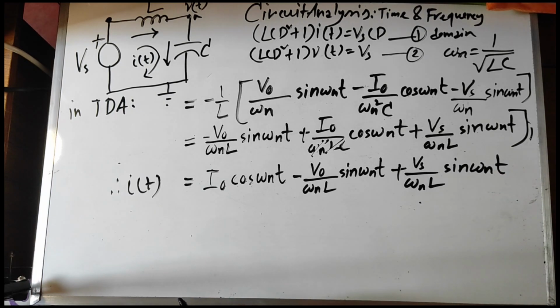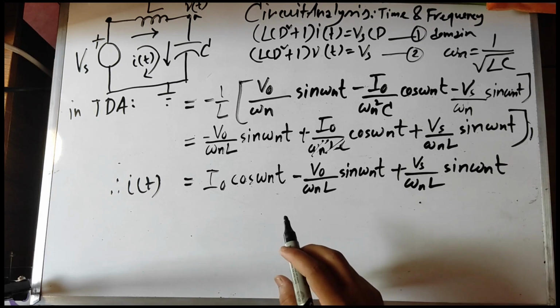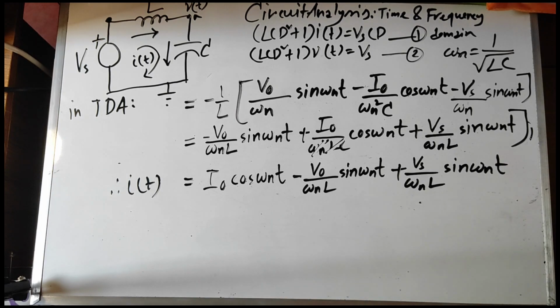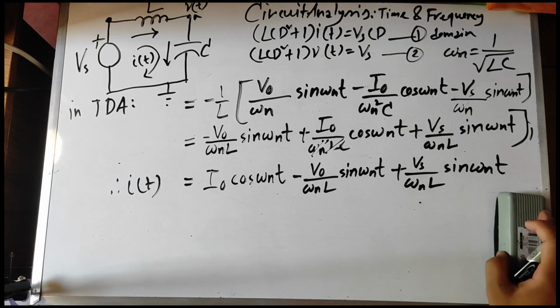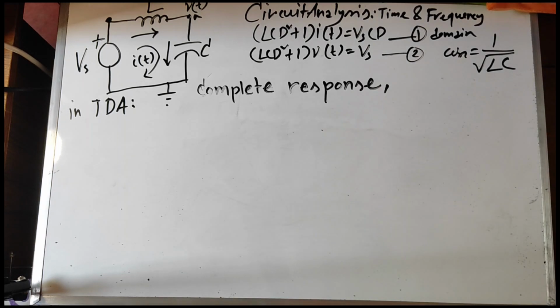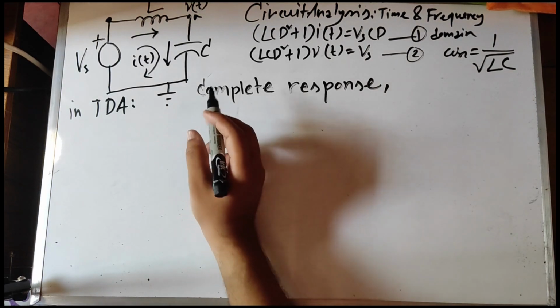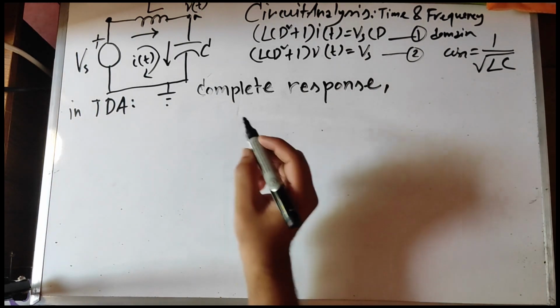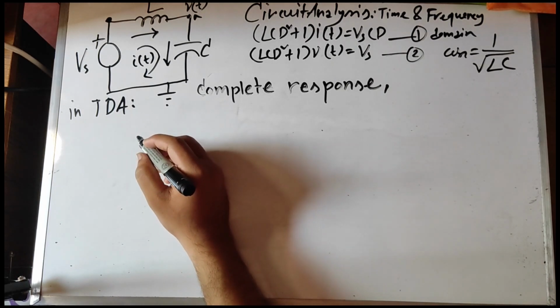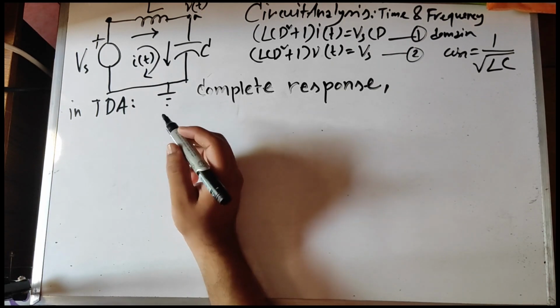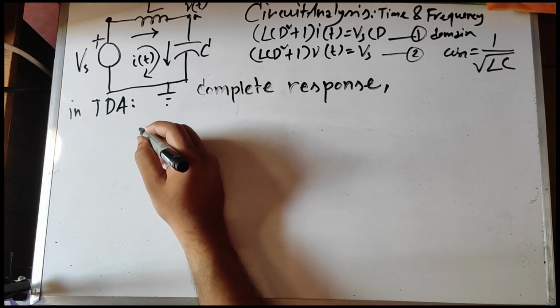So now if we write all the necessary components and write the complete response, it will look like this. In time domain analysis, the complete step response of the series LC circuit has both voltage and current, but voltage is our primary response, our main response.